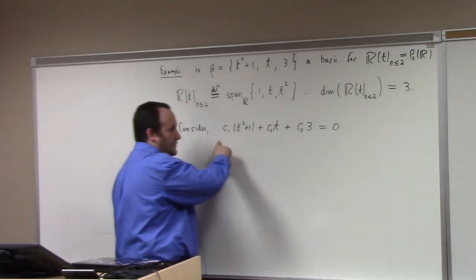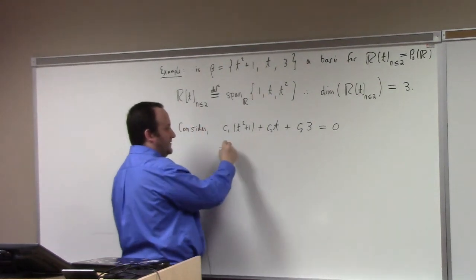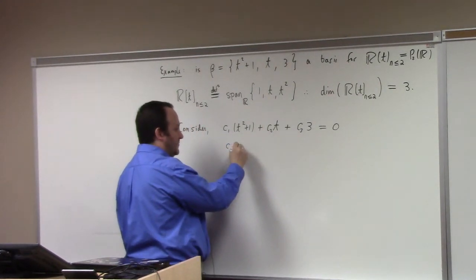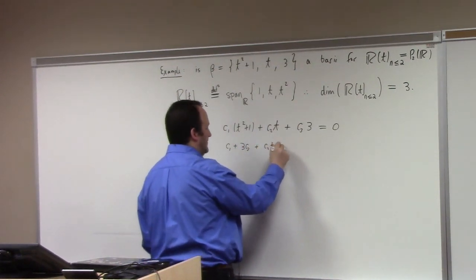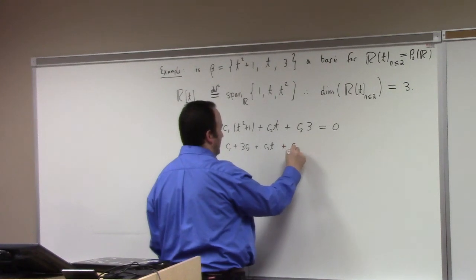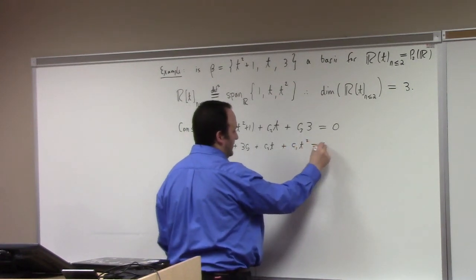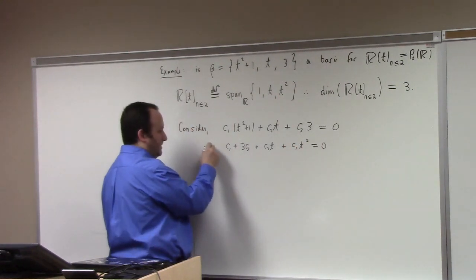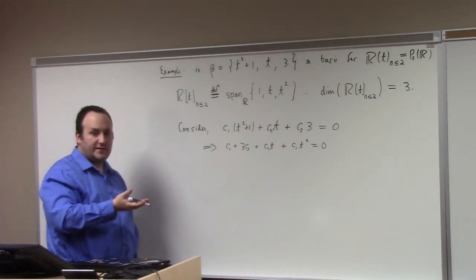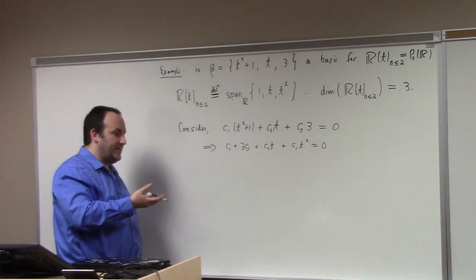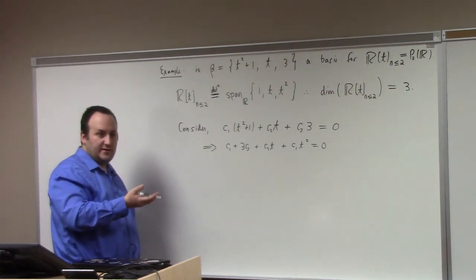So how do we go forward here? Well, this is really C1 plus 3C3, times 1, plus C2 times t, plus C1 times t squared equal to 0. Did I do that right? But remember, we proved linear independence of the monomial basis in class. So we can use that result again.